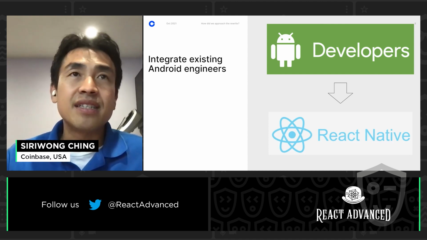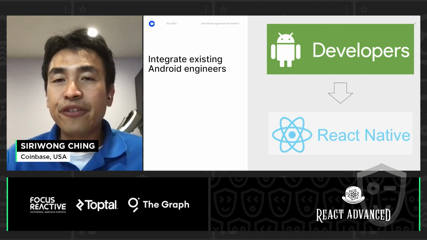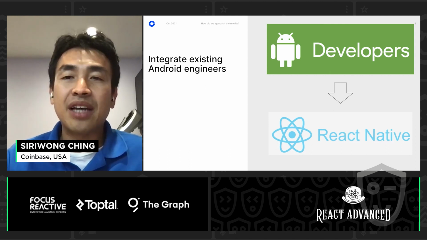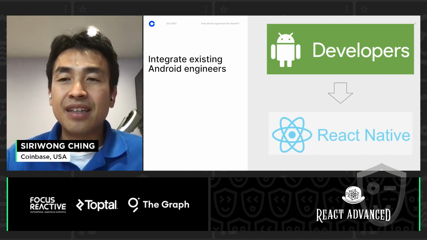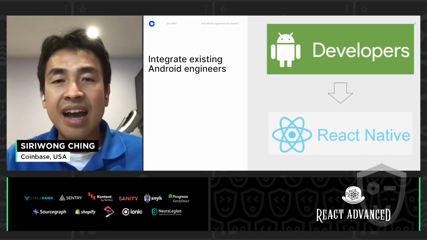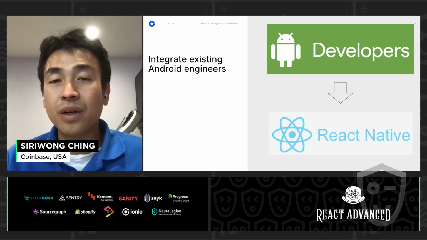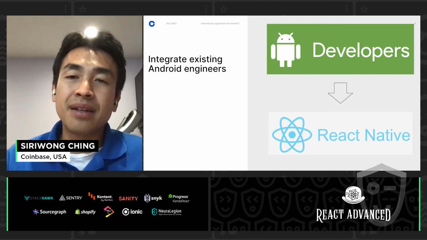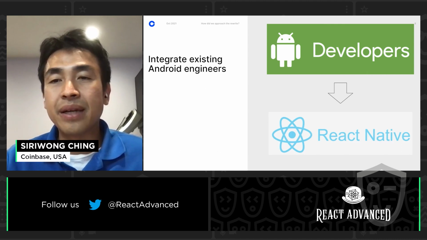So those engineers, the Android engineers, proved to be incredible value to the project. Not only do they have context on how the app functions inside out, they can also look up the existing code base when the requirement is not clear.